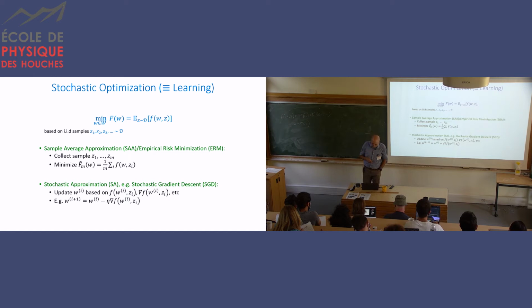With that in mind, if we think about where we started, we have a learning problem, and we can either use ERM and solve the ERM problem using stochastic gradient descent, or use stochastic gradient descent directly. In some sense we're combining both of these approaches.